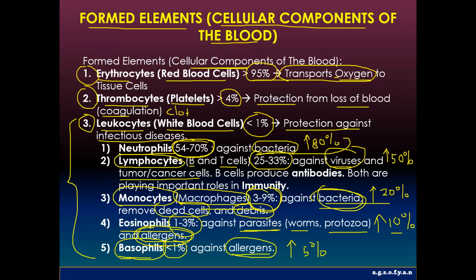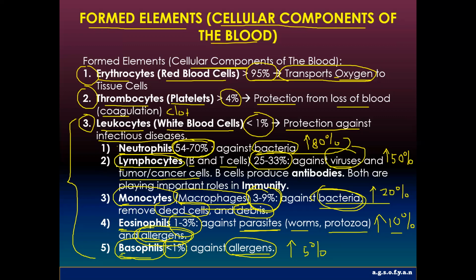We can use just the first letters: N, L, M, E, and then B. I usually use this to remember. So N, we can say: never let monkey eat banana.